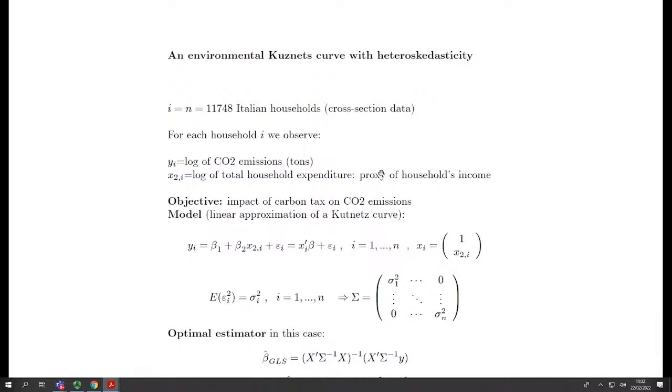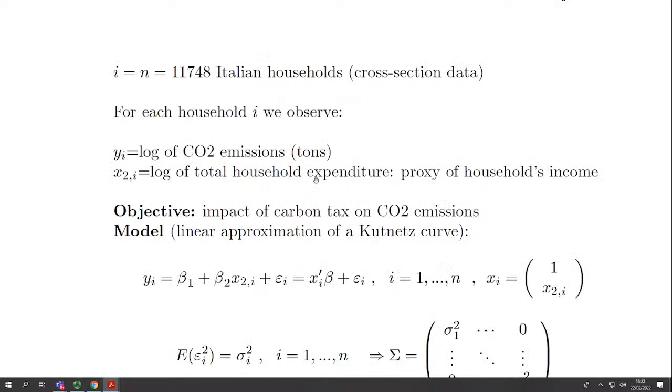Every time we run a regression we should have a purpose in mind, and the purpose is fundamental to decide what to do. I want to establish what might be the impact of a carbon tax on CO2 emissions. I would like to see, if a carbon tax reduces income, what is the impact on CO2 emissions.